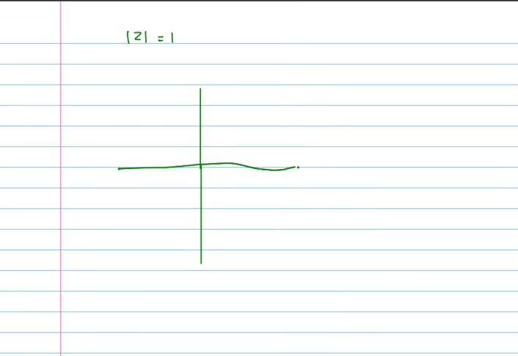This is the x axis and y axis. Now I draw the unit circle, radius 1. How is it mapped in the w plane?